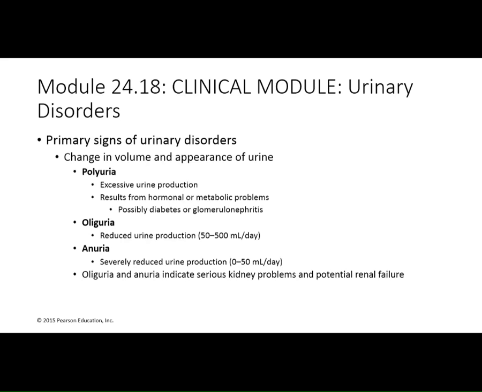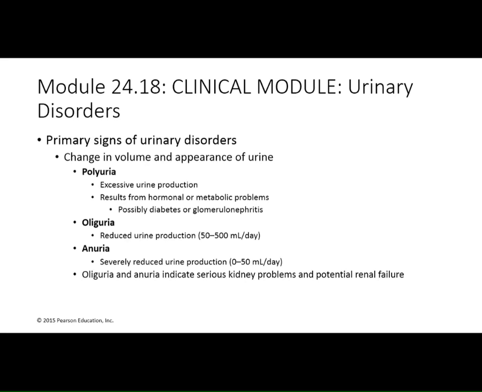Oliguria, what does oligo mean? Remember oligodendrocytes? Oligodendrocytes were cells that wrapped around central nervous system axons and put out a few fingers, right, to myelinate. So oligo means few or deficient. So oliguria would be a deficient, not enough urine.